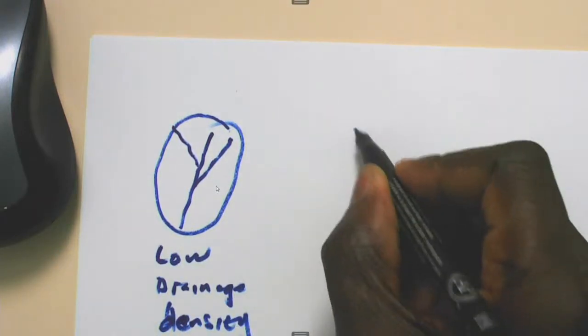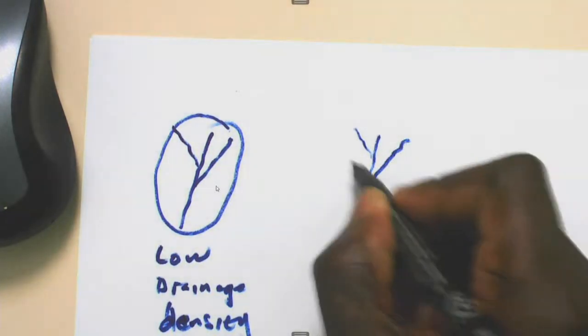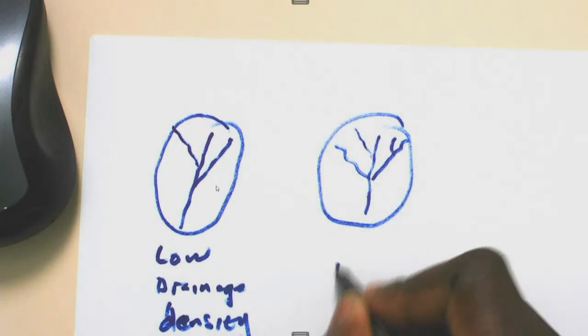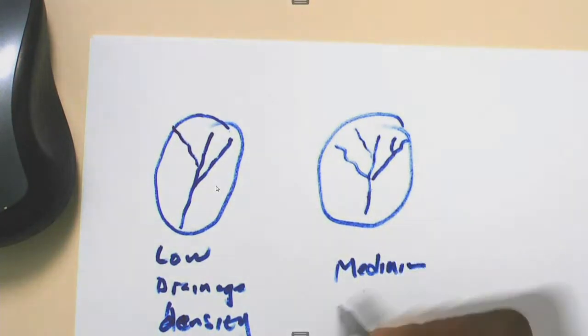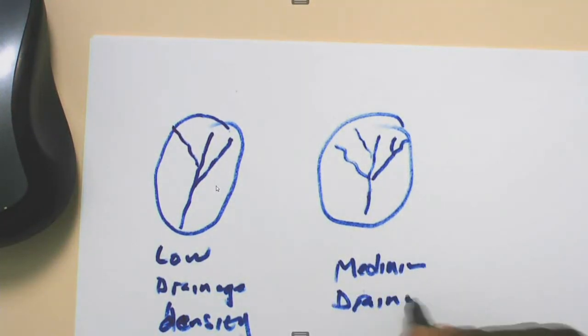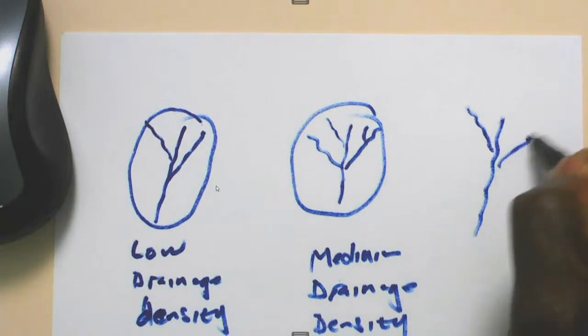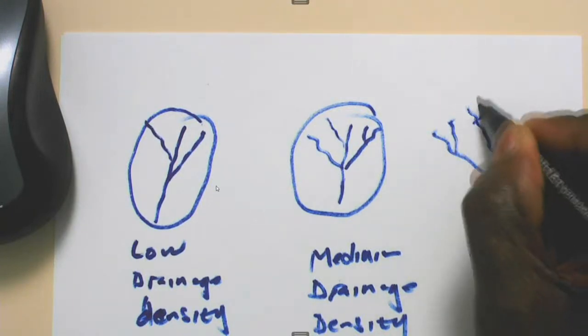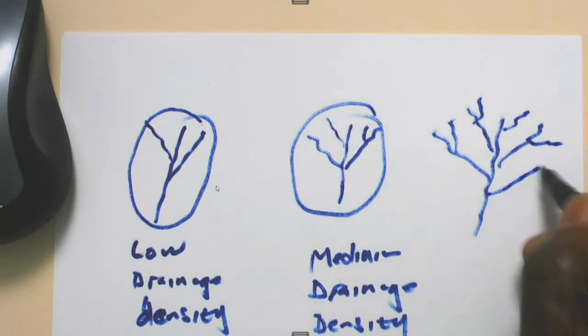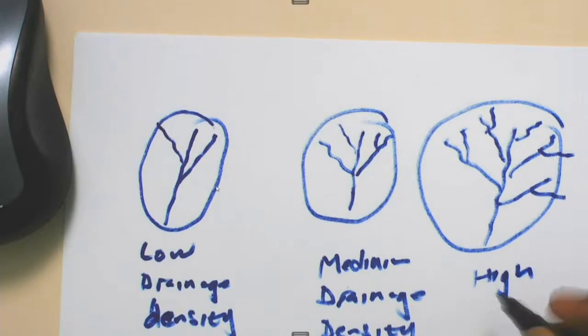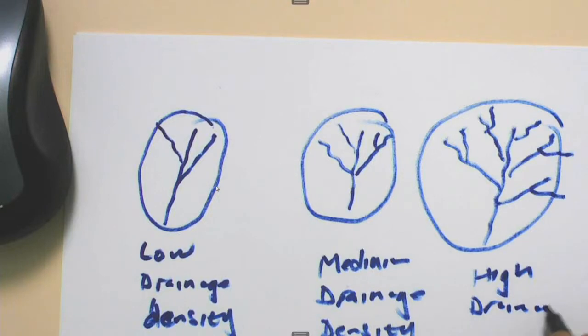And then this side we're having medium drainage density, and then this side we are having high drainage density.